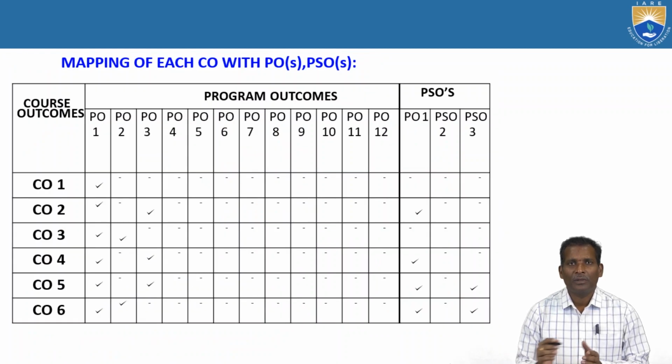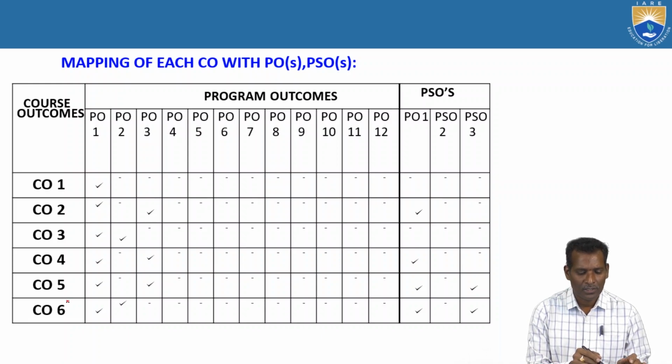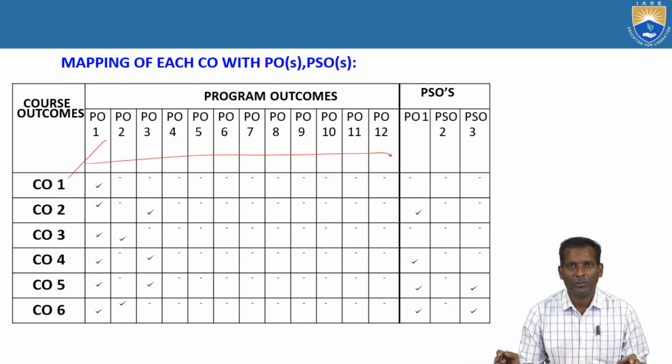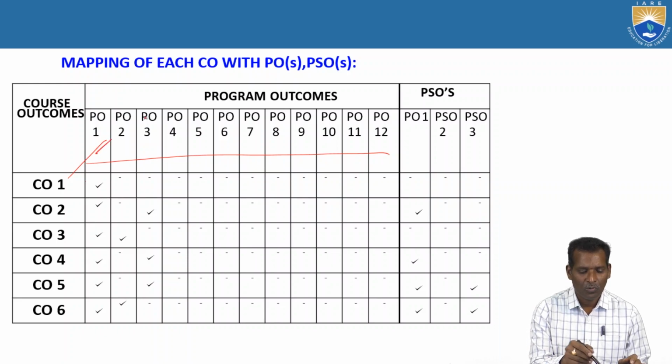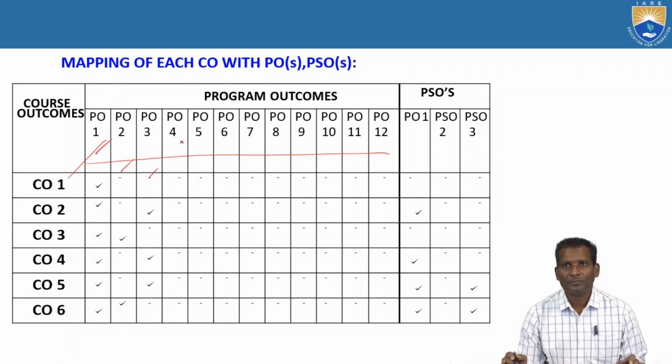Finally, we'll map CO1, CO2, CO3, CO4, CO5 and CO6 to PO1, PO2, PO3. In total there are 12 POs, but the related POs from the subject point of view are 1, 2 and 3.